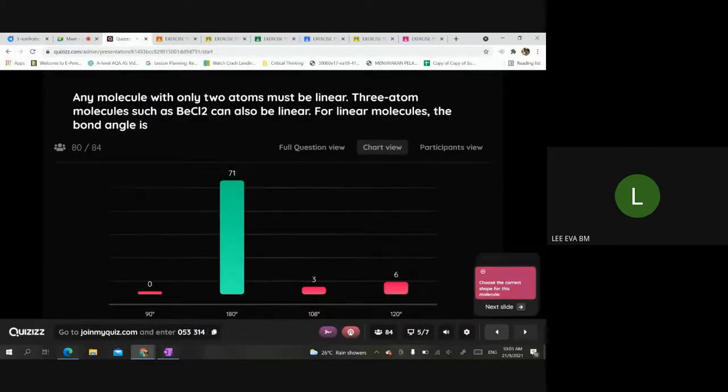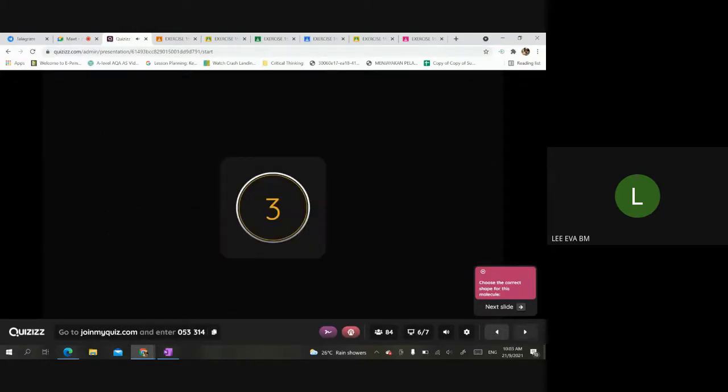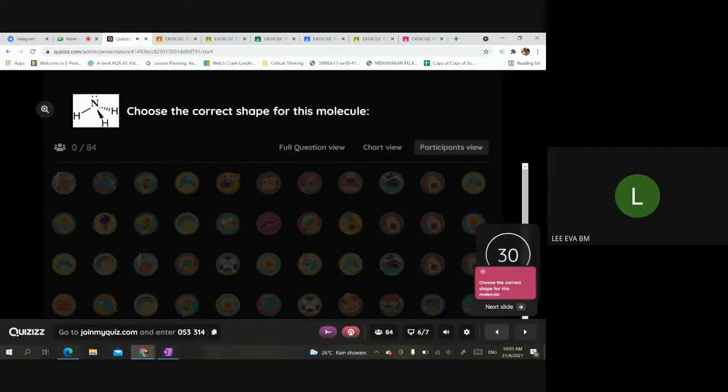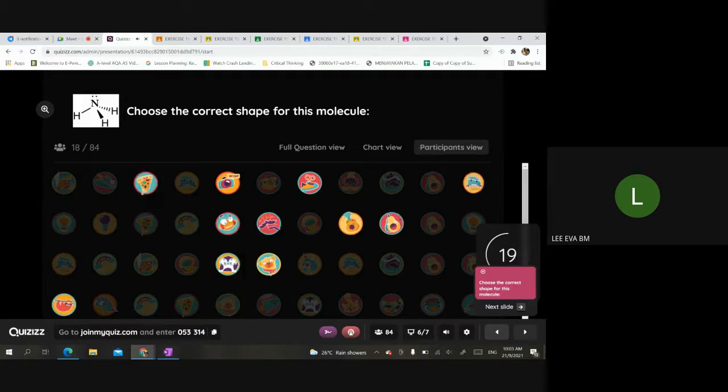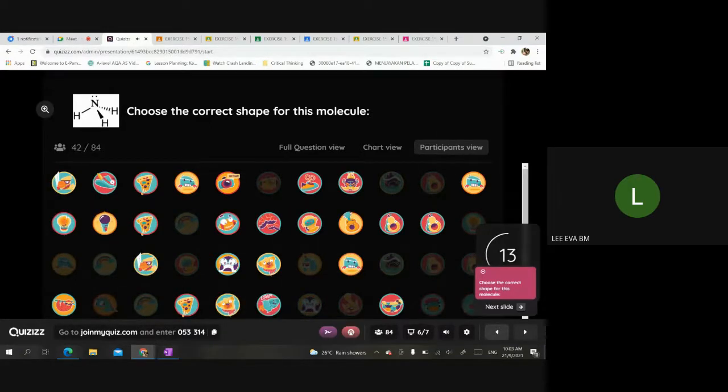Well done, 120 is the correct answer. And we have the next one. NH3 with 3 bonding pairs, 1 lone pair. Okay, similar with the general formula AX3E. So what will be its shape?